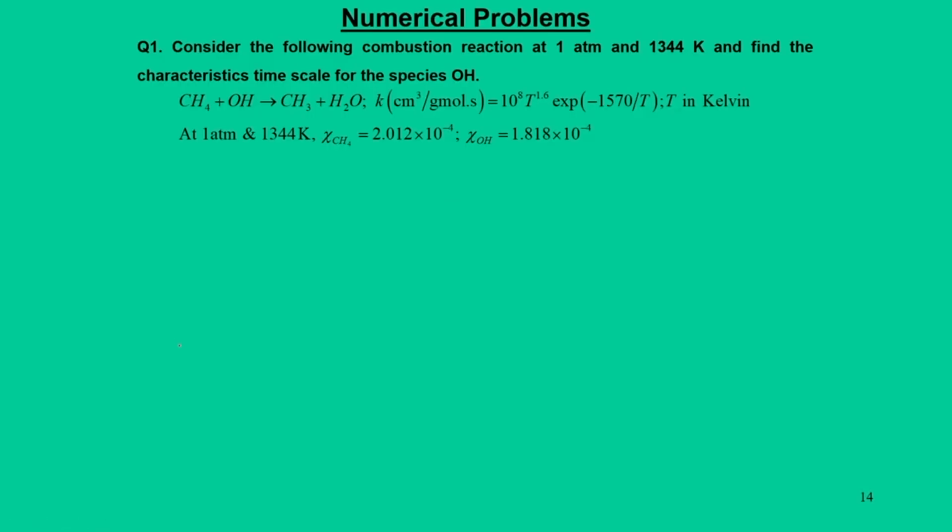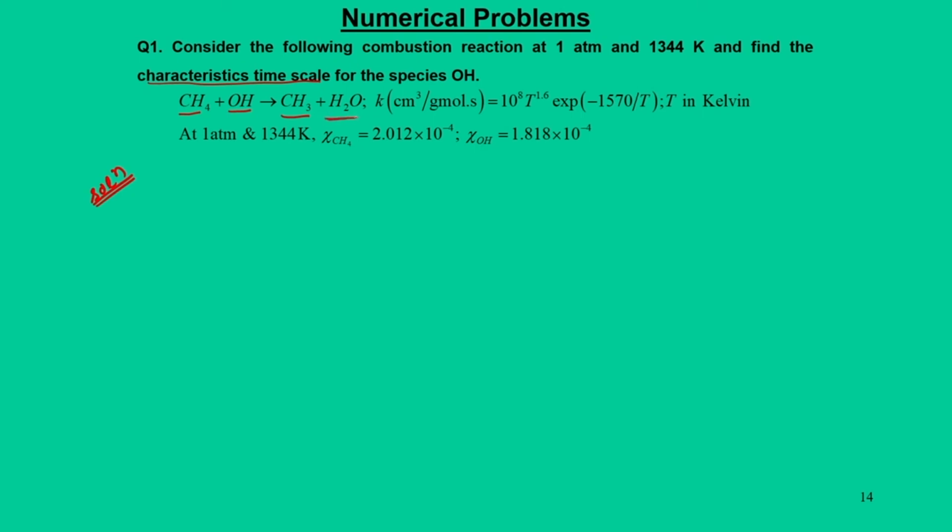This numerical problem is all about finding out the characteristic time scale for a certain reaction. We have already defined the nature of time scales for unimolecular, bimolecular and intermolecular reactions. What has been given is that CH4 reacts with the radical OH and gives CH3 plus H2O.